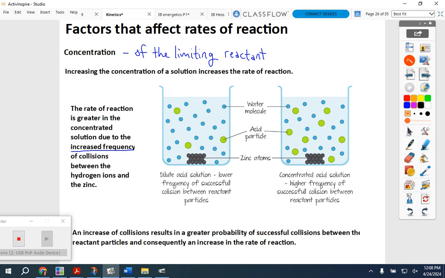And that was why. So that's important. When you're talking about something in solution, the molar concentration, moles per liter, moles per decimeter cubed, is going to be an important factor.